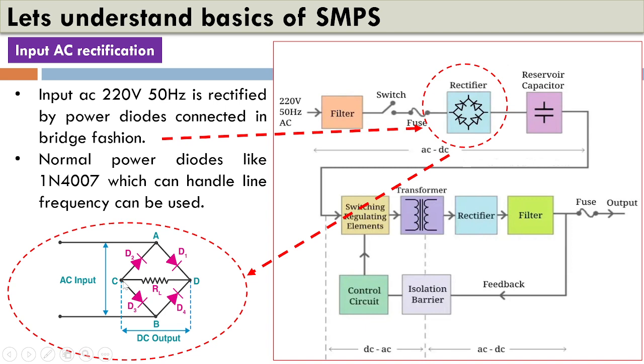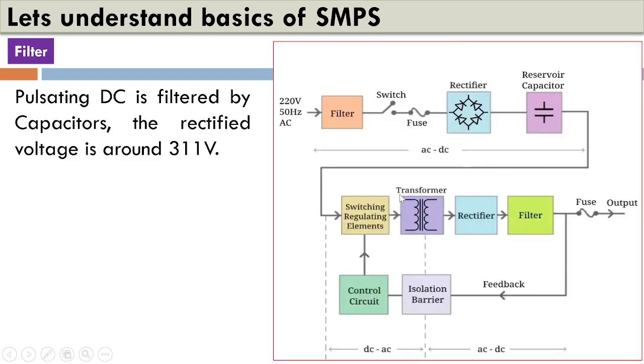Now, the output is usually available on the similar junctions, that is, from the P sections, you will get a negative voltage, and from both N types, you will get a positive voltage. This particular section is usually built here, and then we will have the filter circuit.